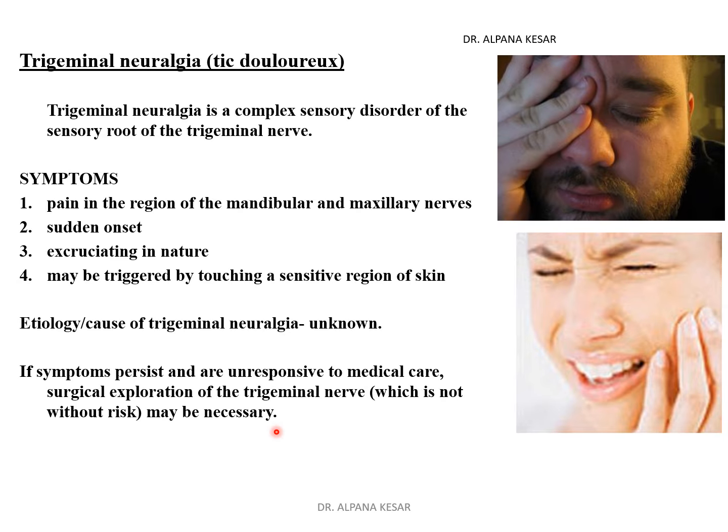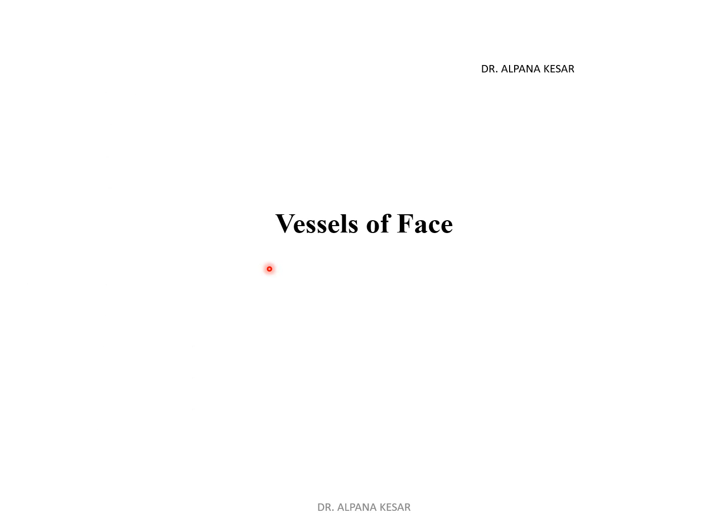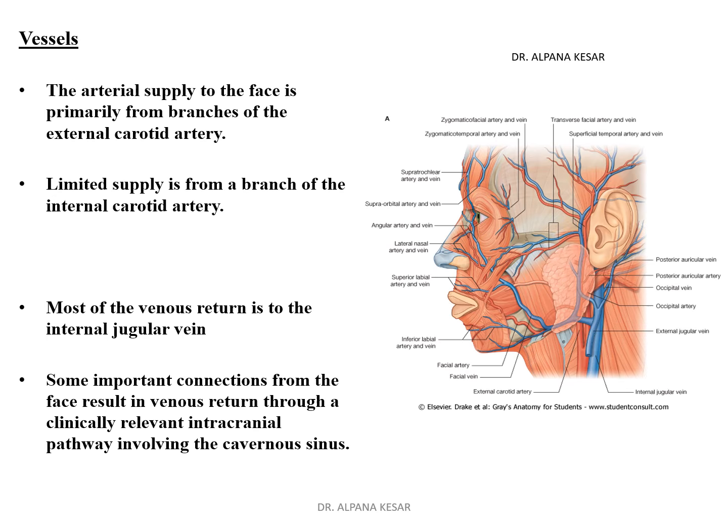However, that is also not without risk. Blood vessels of the face. The arterial blood supply to the face is by the branches of external carotid artery. Limited arterial blood supply is by branches of internal carotid artery.